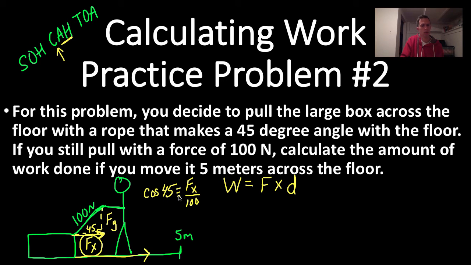And now we have an equation with just one unknown, so we can solve for it. If we want to get Fx by itself, we're going to times both sides of the equation by 100. So 100 times the cosine of 45, and over here the 100s will cancel out. And so Fx is equal to 100 times the cosine of 45.